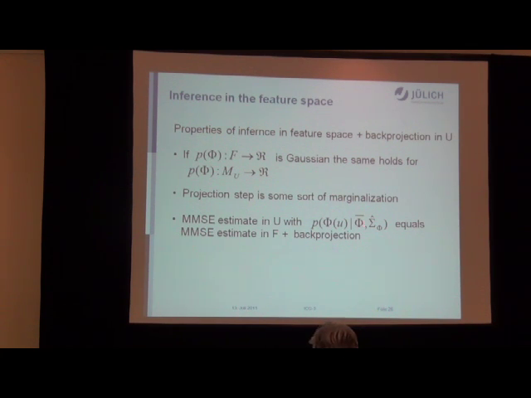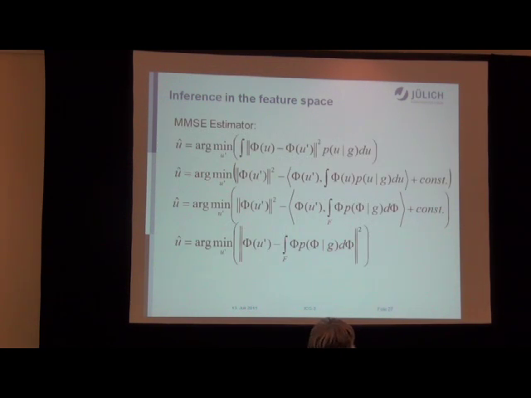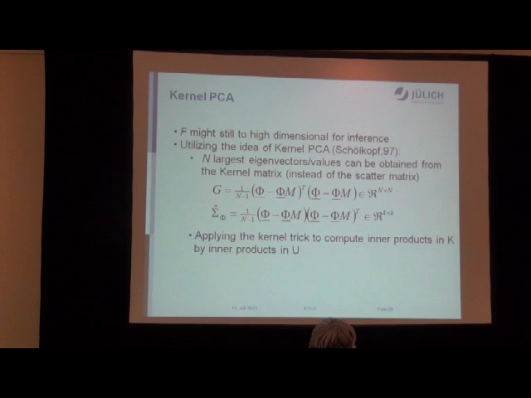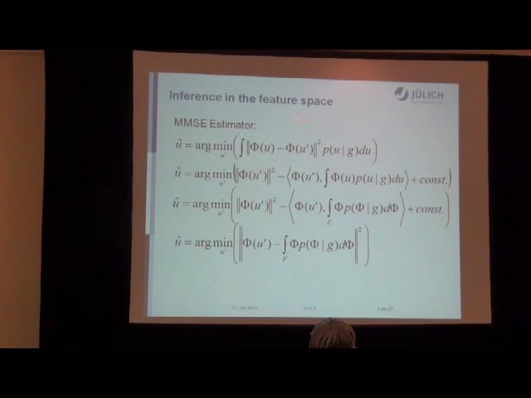In the input space, the pullback probability density function equals our approach of doing the inference with the Gaussians in the feature space and projecting back, which is easily seen. You can see here the definition of the minimum mean square error estimator. If we multiply this norm out, we get here a norm and here a scalar product.